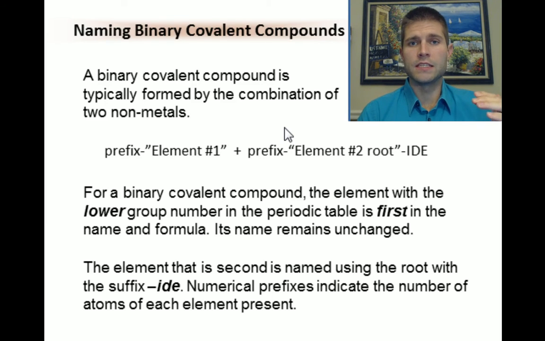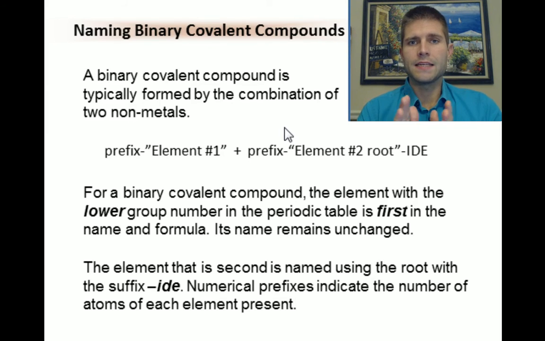So oxygen is in period 2, sulfur is in period 3, so the sulfur would be written first. And this is why you see sulfur dioxide or sulfur trioxide with the sulfur written first. They both have the same group number, but then you go to the secondary rule, which is whichever one has the higher period number. And since sulfur in that case had the higher period number, it would be written first.